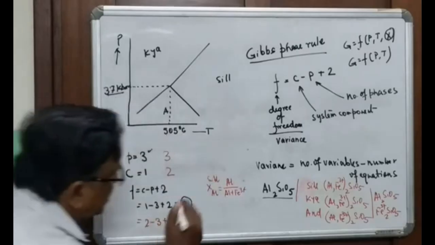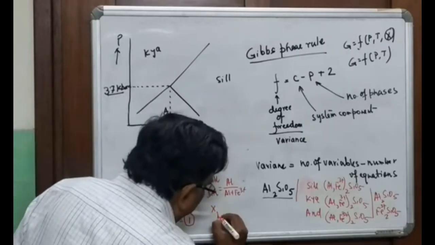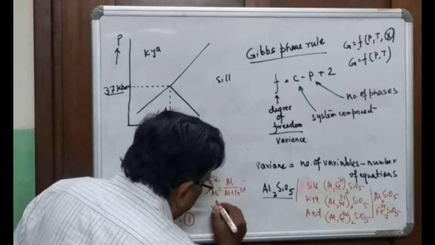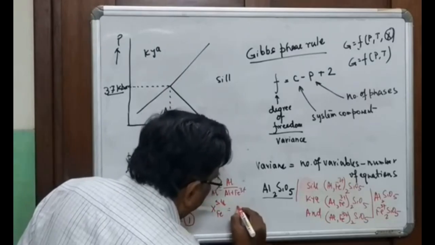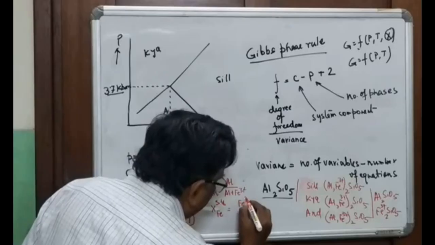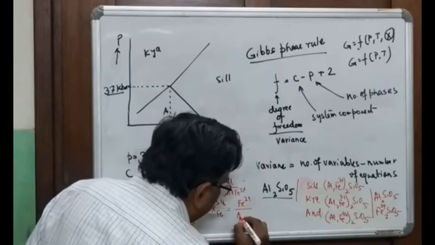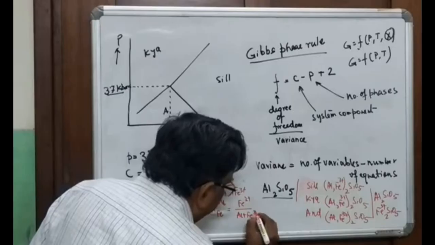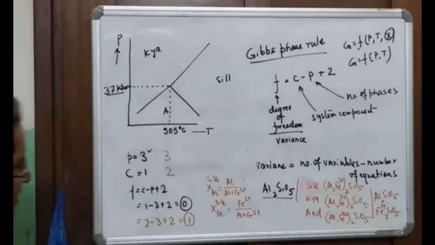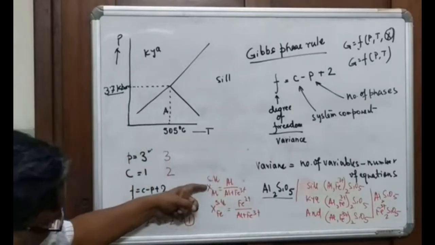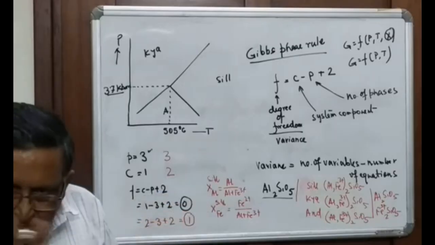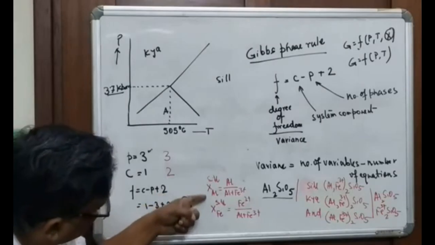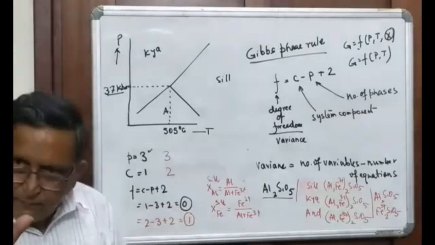Have you understood? So XFe3 in sillimanite is equal to Fe3+ divided by Al plus Fe3+. That means now you have XAl and XFe in sillimanite, and you remember, these 2 should add up to 1.